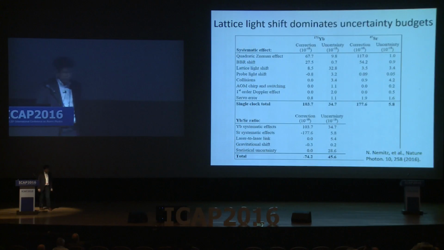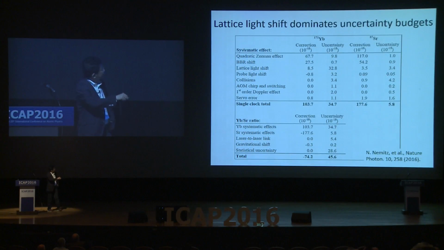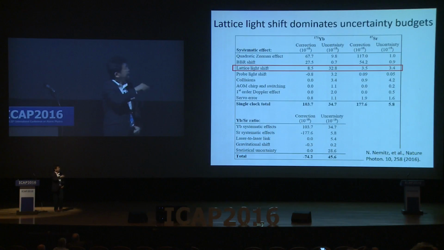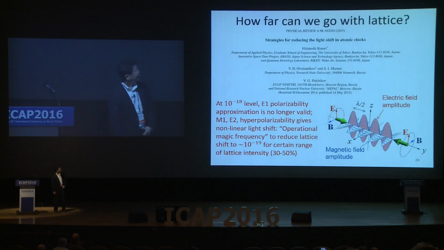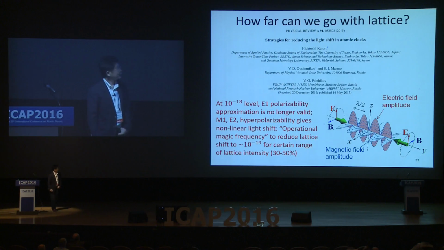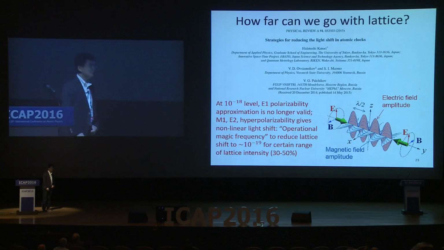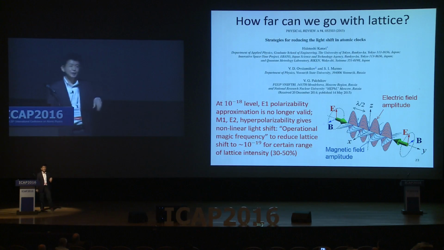So the limiting factor is apparently the lattice light shift, and we are making an effort to improve the uncertainty of the lattice light shift. The time is quite limited, so I will almost skip. But at the 10 to the minus 18 level, even electric dipole polarizability is not good enough to fully describe the light shift perturbation.